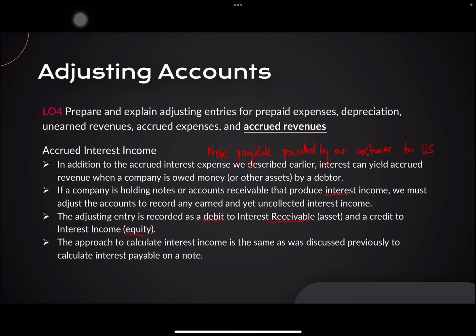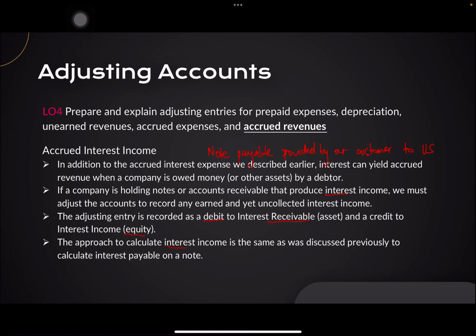The approach to calculate interest income is the same as was discussed previously to calculate interest payable on a note. So earlier, we sampled in detail the accrued interest expense. So the same approach will be taken, okay?